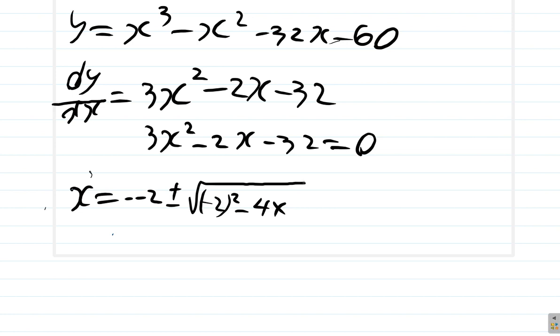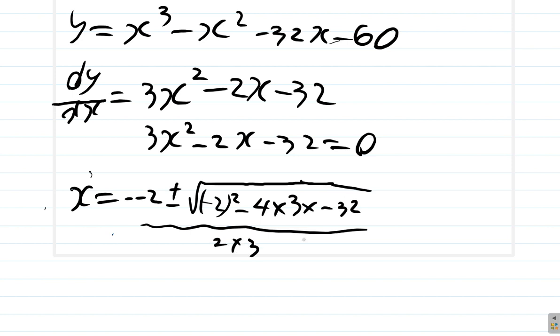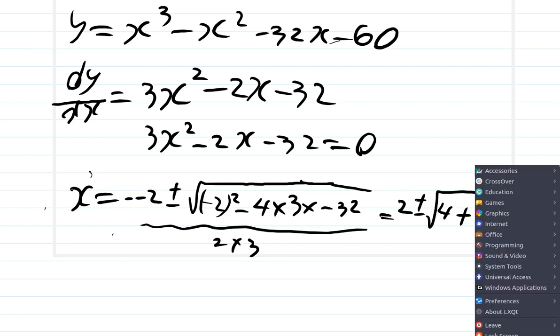The number that multiplies x squared is a, so it is 3, times c, which is negative 32, all over 2a, is 2 by 3. In this case, what do we get? 2 plus and minus the square root of 2 squared, which is 4. We have a minus and then a minus again, so that's going to be a plus. Plus 4 by 3 is 12.